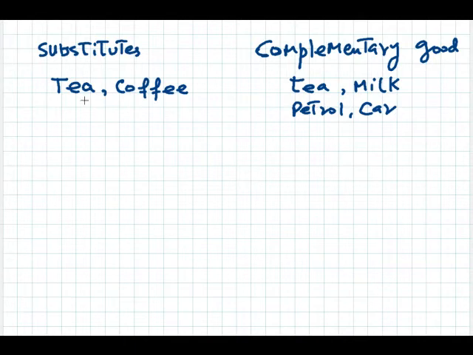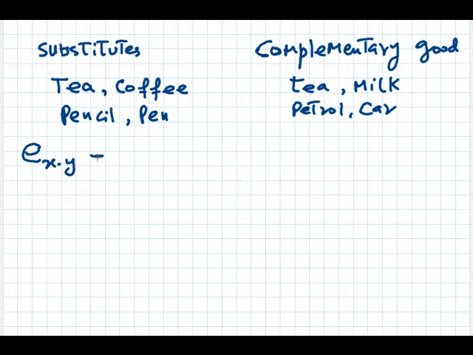Likewise, tea and coffee, and pencil and pen, these are substitutes. In case of substitutes and complementary goods, we use the concept of cross elasticity of demand, Ex,y.